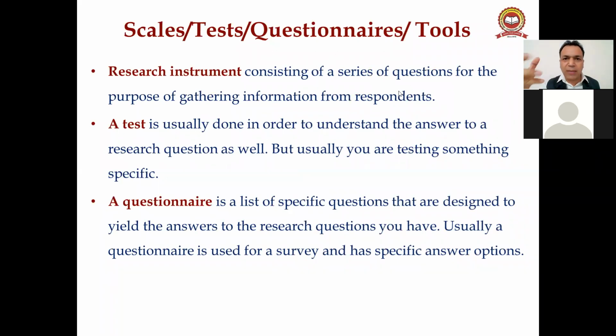We want to check the behavior of our student. There is a checklist, right? These are called test, questionnaire, or sometimes research instrument. These are all synonyms. You can call it a scale, test, questionnaire, tool, in fact a research instrument also.